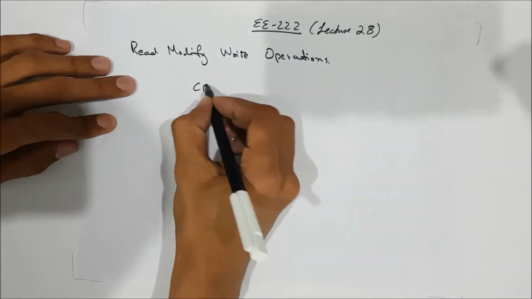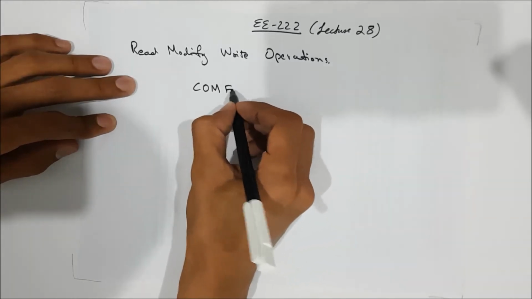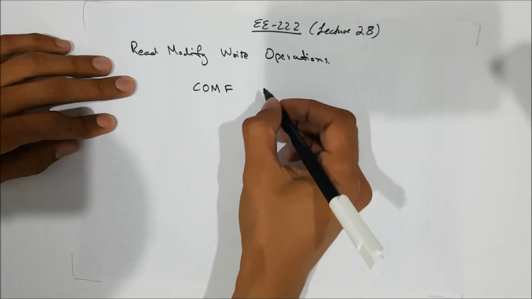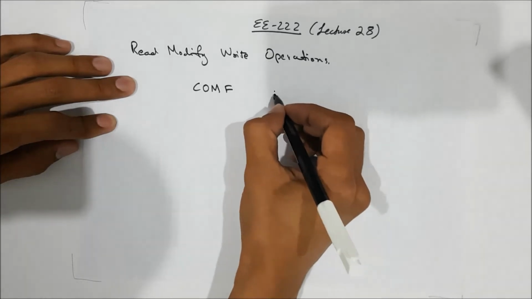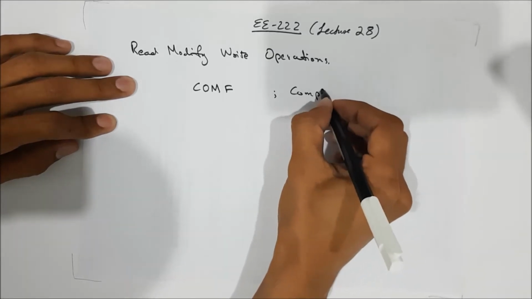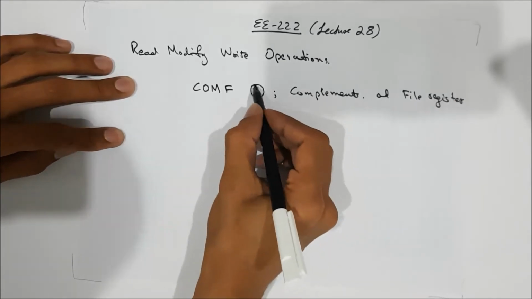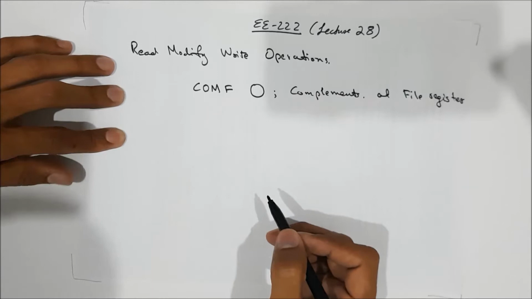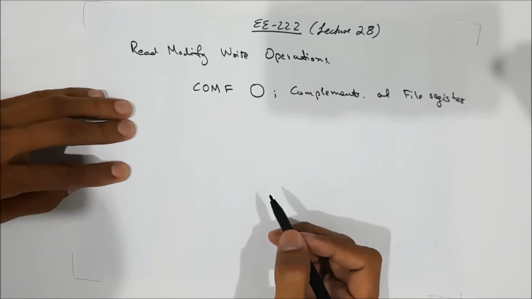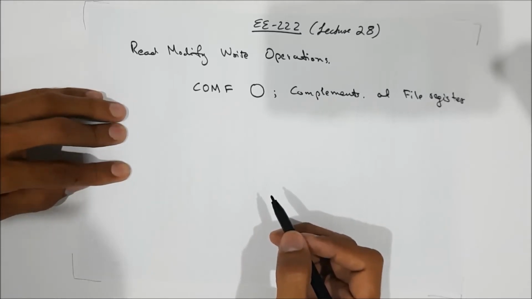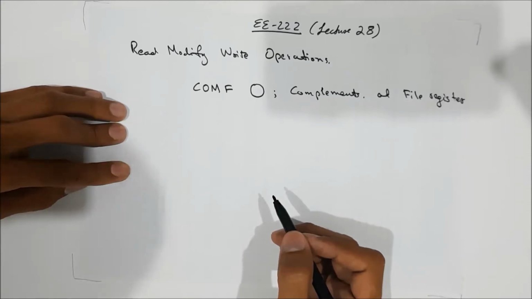In PIC18, we have a command COMF. COMF complements a file register. Whatever file register we give here will be complemented. The contents of that particular location of that particular register will be complemented.